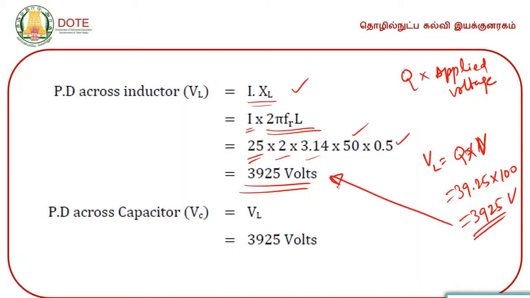You can use both the formulae. So, what is the potential difference across the capacitor? You do not have to find out I XC, you do not have to multiply Q with the applied voltage. It is nothing but VC is equal to VL at resonance. So, straight away we get the value of potential difference across the capacitor as 3925 volts.